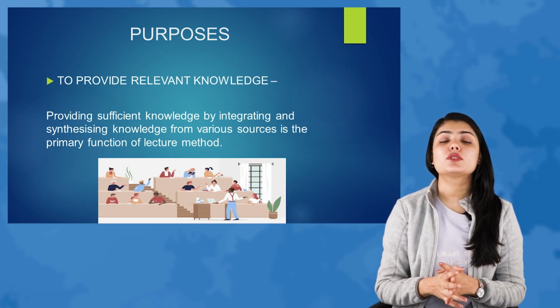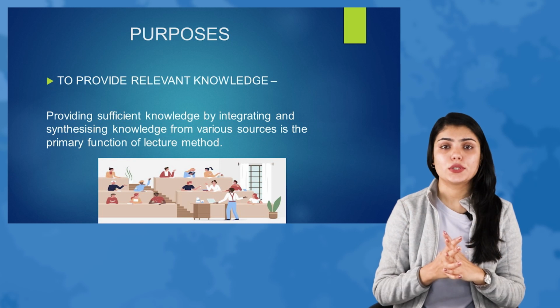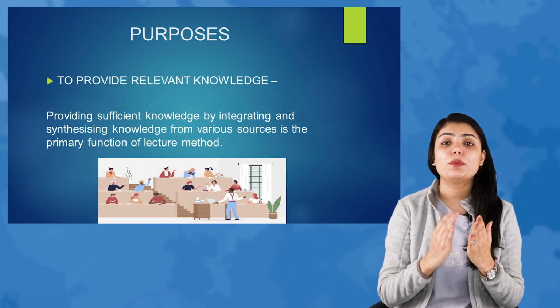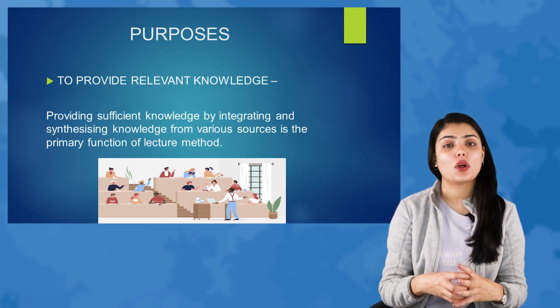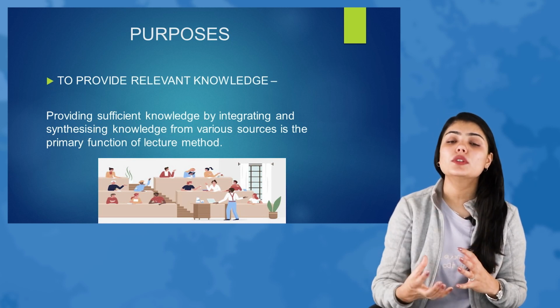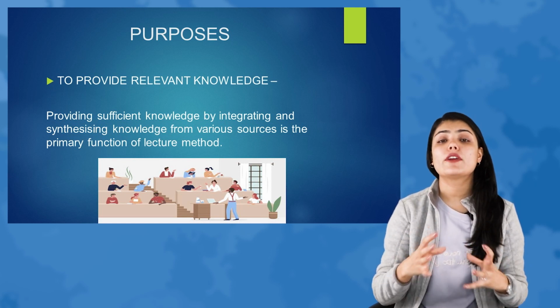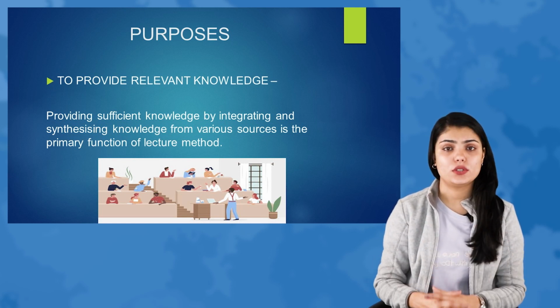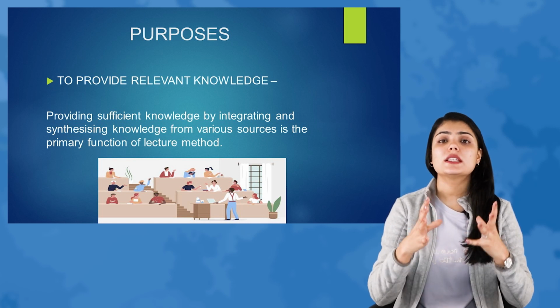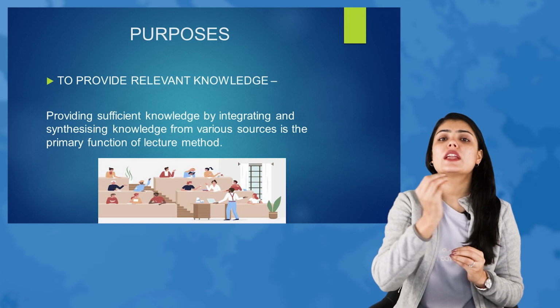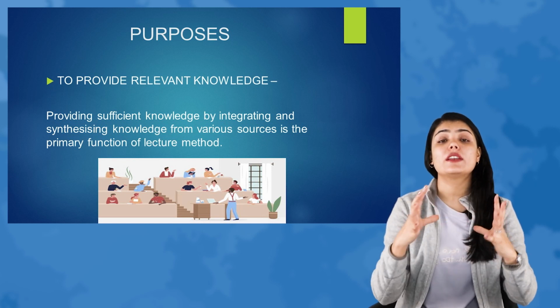The first one is to provide relevant knowledge. The primary function of the lecture method is to make sure that sufficient knowledge is provided to the students on a particular topic, which is taken from various sources by the teacher. In the lecture method, the teacher collects the information from various sources, referring to various books.